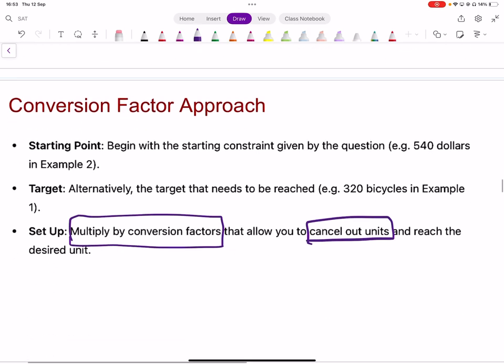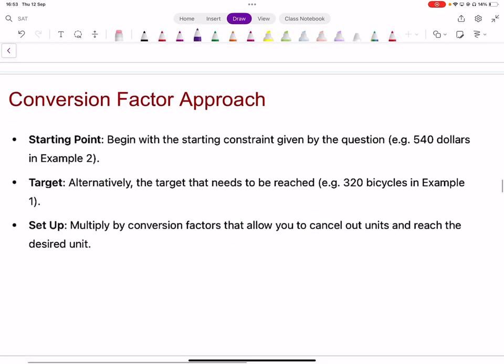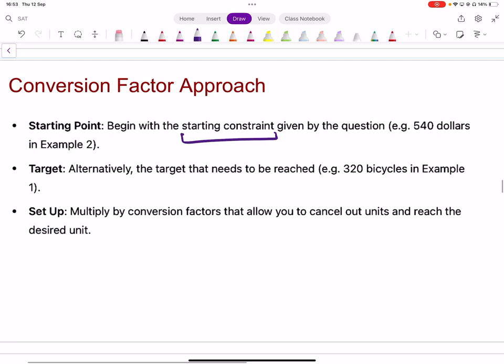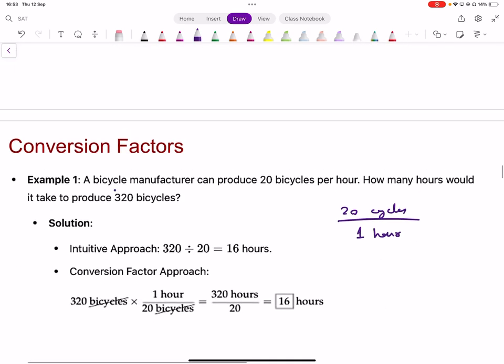How do we know where to start? You would have some starting constraint given. For example, in this case, we knew that the total budget is $540. That's how we start. We say $540, that's the starting point. Or sometimes you have some target given that you want to reach. For instance, in the first example that we did, we knew that we wanted to produce 320 bicycles.